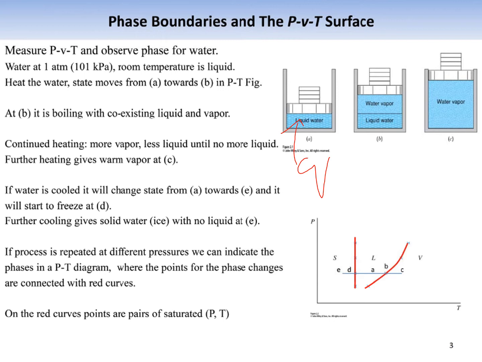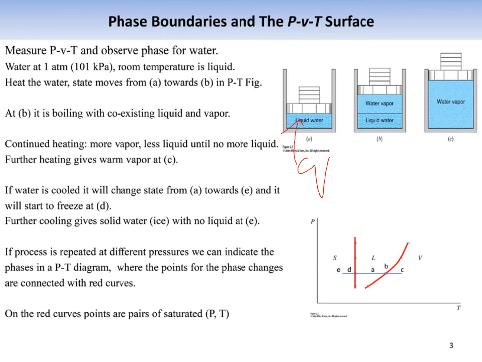Beyond this point, if you continue to further heat the system, because all of the volume is occupied by vapors, temperature will increase and volume will increase as well. So this is the constant pressure boiling process.